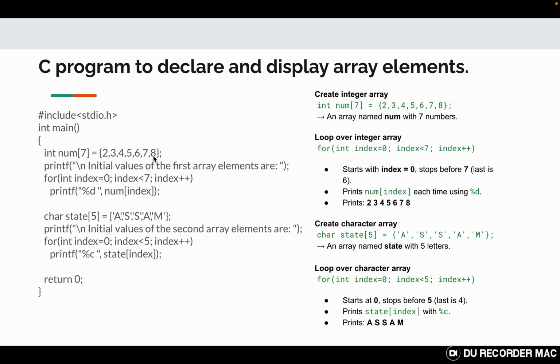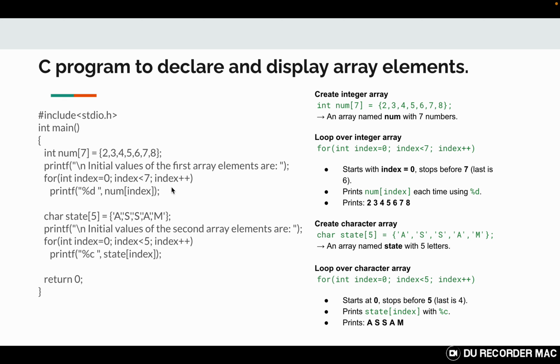Then till it comes to the final position, num of 6 gets printed. Then the index value becomes 7, and 7 is not less than 7, so the condition becomes false and the loop terminates. Basically it will print all these elements in the array, because we are accessing it with num and then the index value, right?